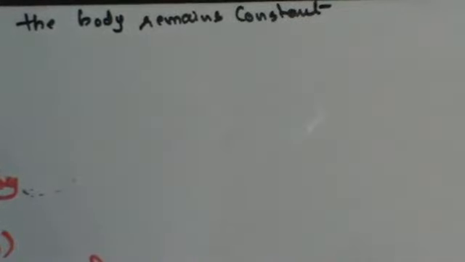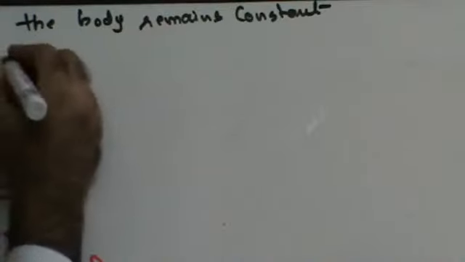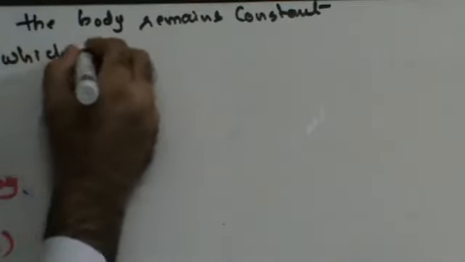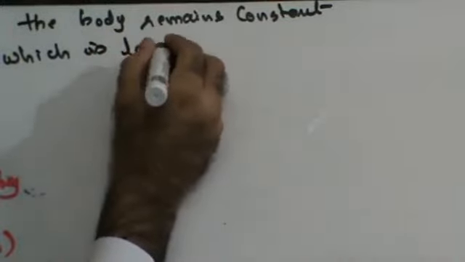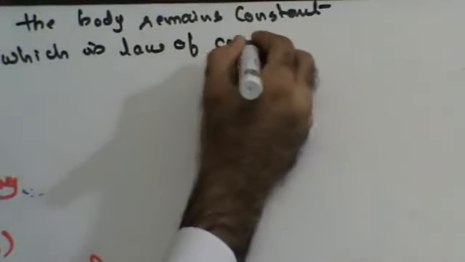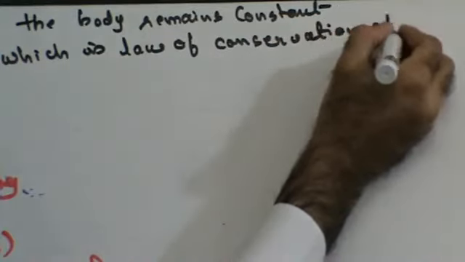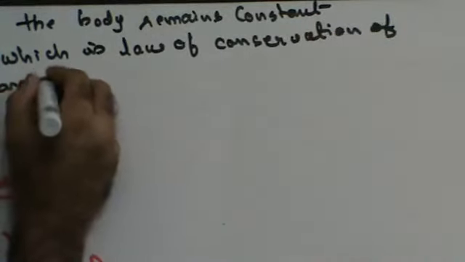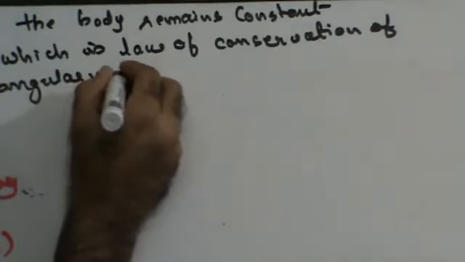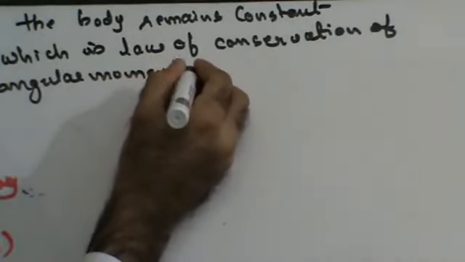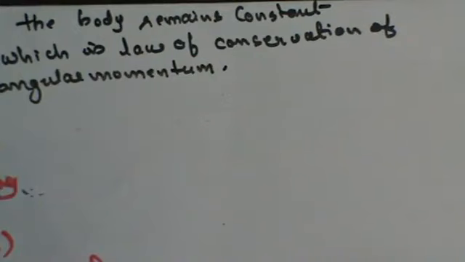Fine, do we get this in here? Now, once I know that the angular momentum is constant, that's my law of conservation of angular momentum. Fine, do we get this in here?